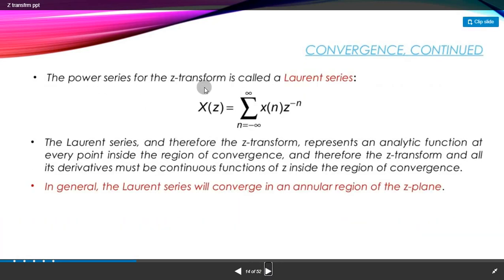Now the power series for the Z transform is called the Laurent series. We have already discussed the Laurent series earlier. So X of z is the sum from minus infinity to plus infinity of x of n z to the power minus n.